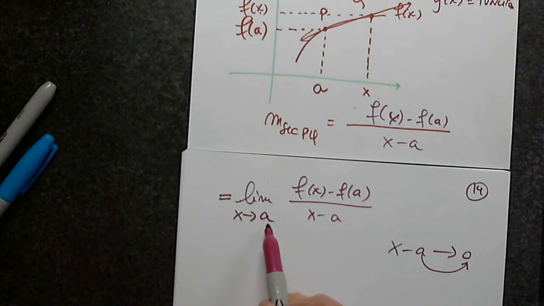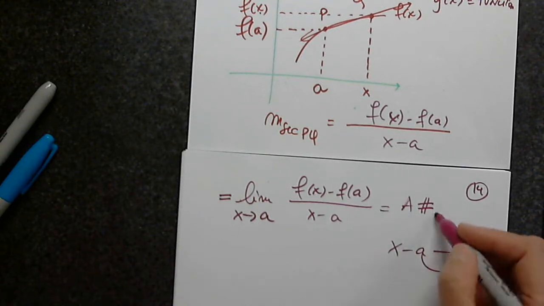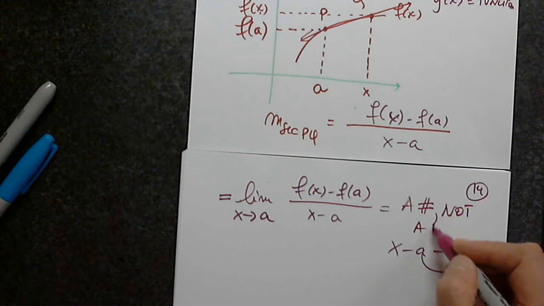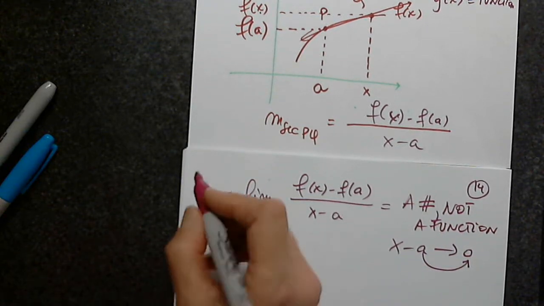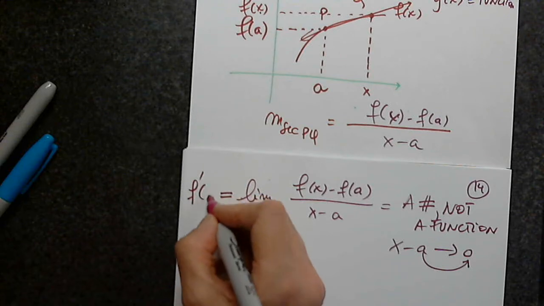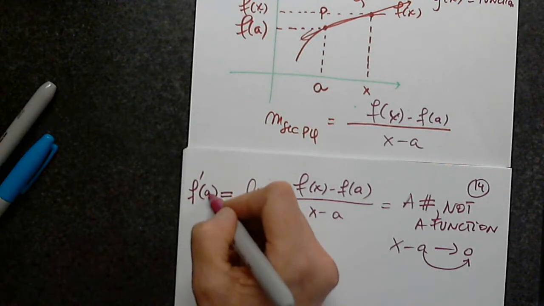Since x approaches a, which could be 5 or 10 or 3, the answer will be a number, not a function. So this will be only f prime of, exactly.